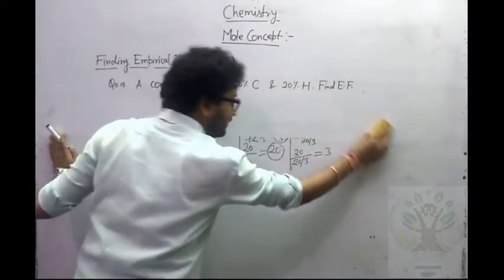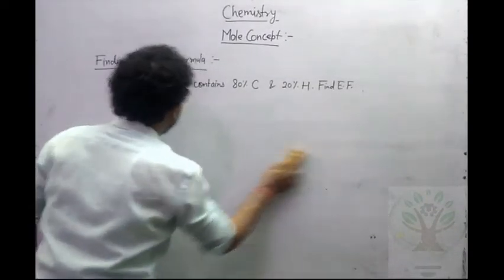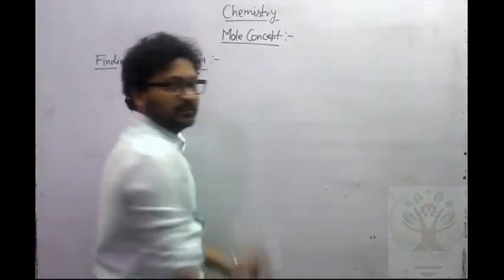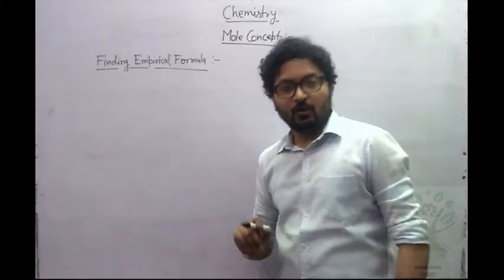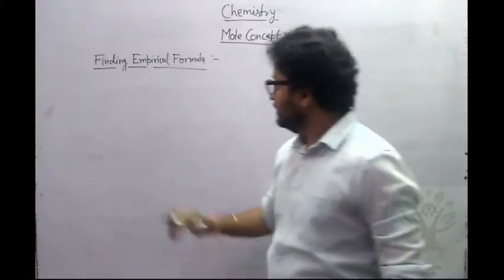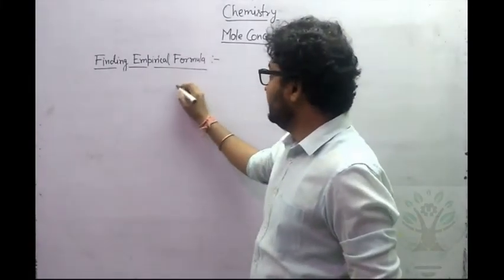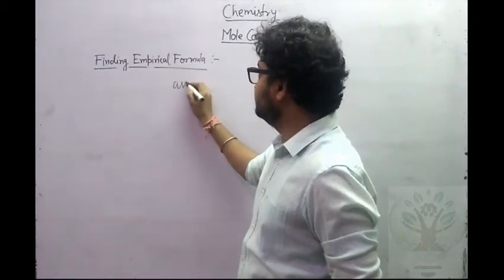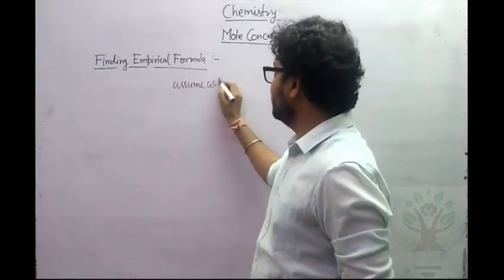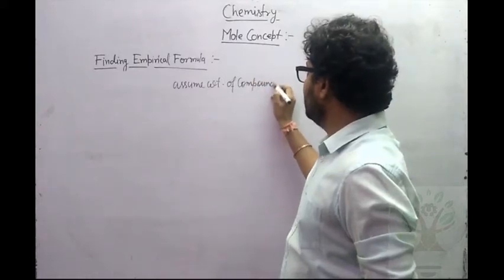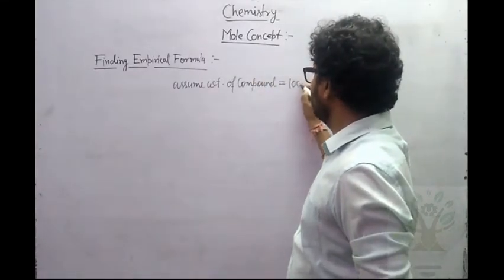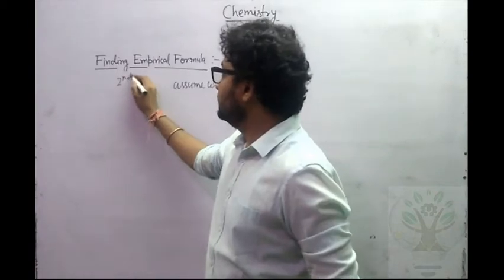Okay. So this is the method that you studied in class 9th or class 10th. There is one more method. If the percentage is given to you, how can you find this empirical formula? Let's see. So you do one thing. Assume the weight of the compound is equal to 100. Second method, I am writing.